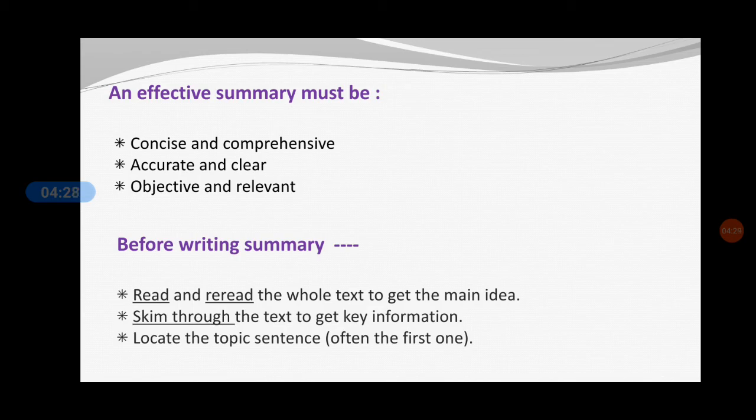So to get the main point, you have to read it, and it is better to read it thrice, as in the exam your time is limited. So try to read the whole text at least 3 times, then skim through the text to get key information, then look for the key words in the whole passage so that you can get the main idea easily.